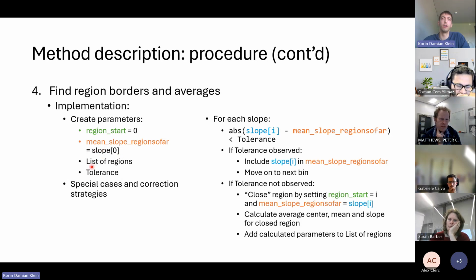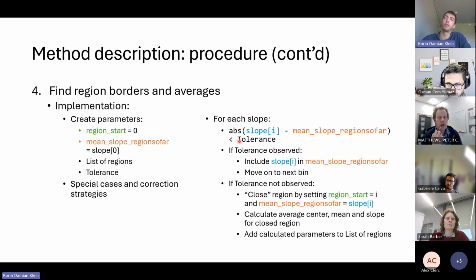Then I created a, at this time still empty, list of regions, and I defined my tolerance. So for each slope, as you have already seen in the slide before, we are going to calculate the difference between the slope of this example point i, or in this case each slope at the time, and the mean slope of the region so far.